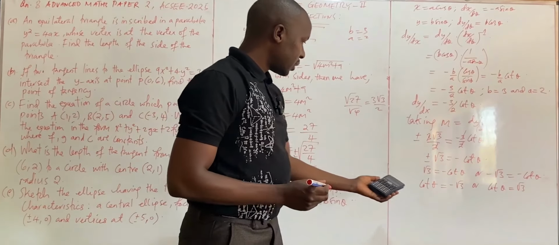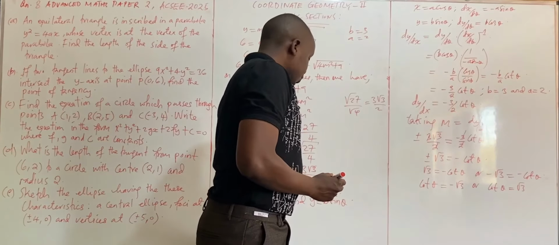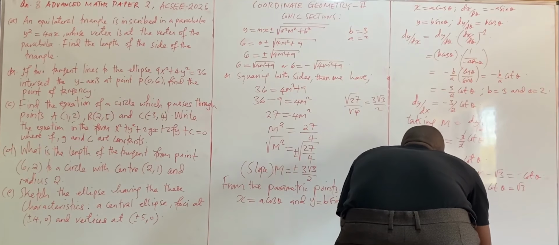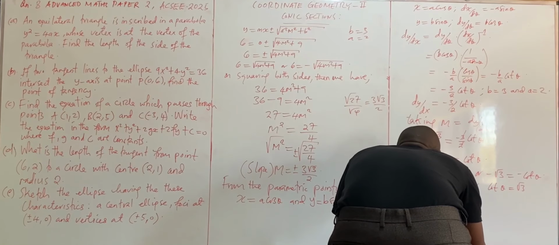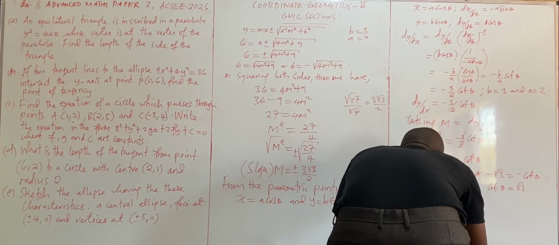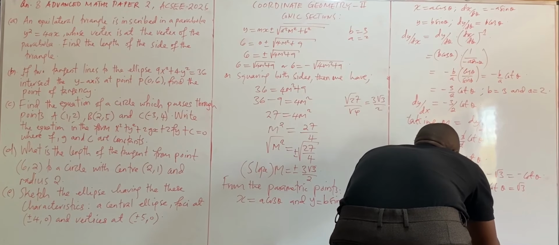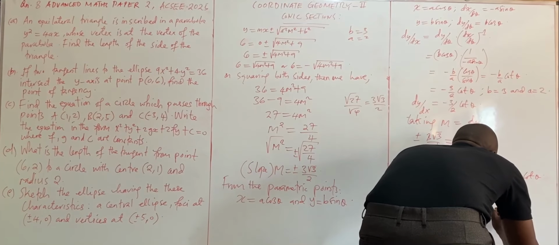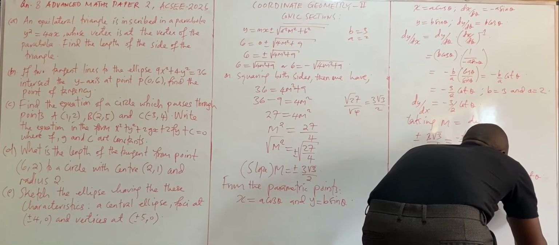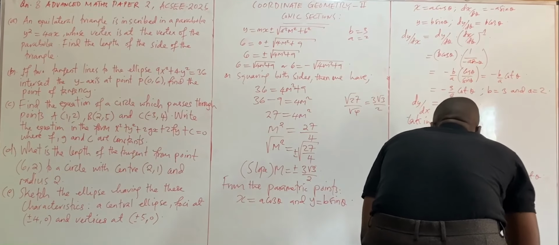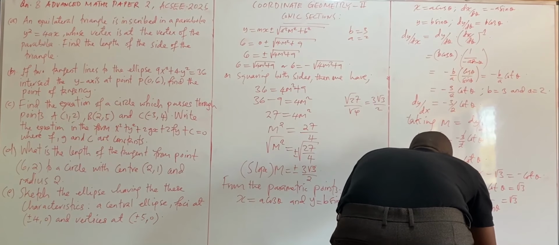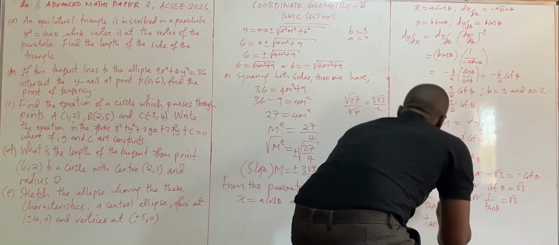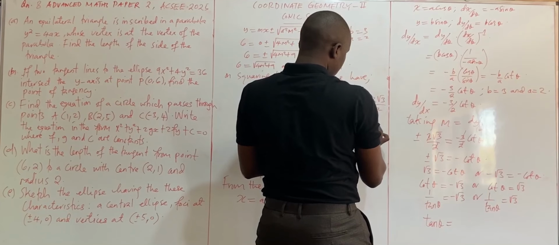So we can express this cot of theta in terms of tangent, knowing it's the reciprocal. So 1 over tan of theta equals negative root of 3, or 1 over tan of theta equals root of 3. Now, on making tan of theta the subject, we end up getting negative 1 over root of 3.